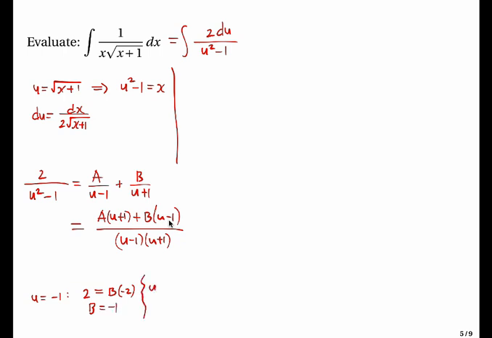And then if u equals 1, this term here will vanish, and we will have 2 equals a times 1 plus 1, which is 2, which gives us a equals 1, which means this expression now can be written as 1 over u minus 1 minus 1 over u plus 1, and then we have the du.